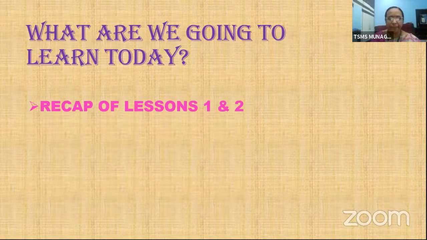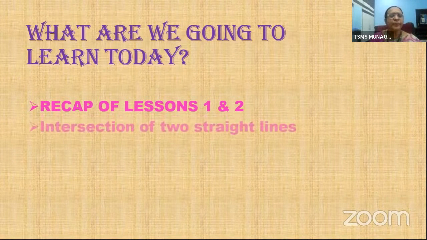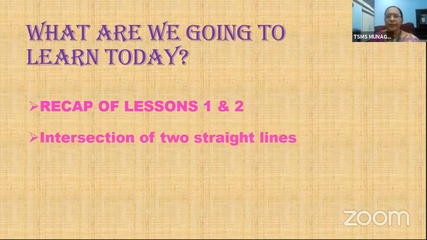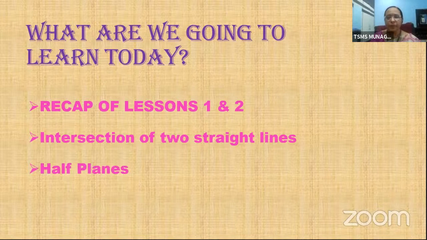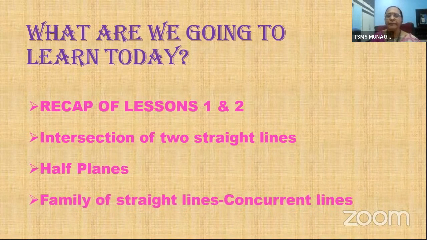Today we are going to recap lessons 1 and 2, and then go ahead with the next topic, intersection of 2 straight lines. Then we are going to learn about half planes. Then finally, we will conclude with family of straight lines, which are concurrent lines. So this is what we are going to learn today.